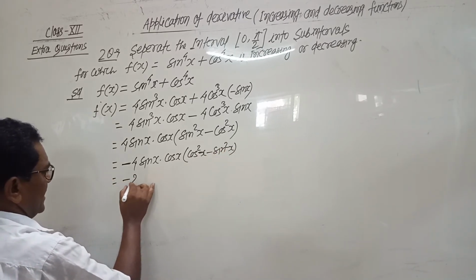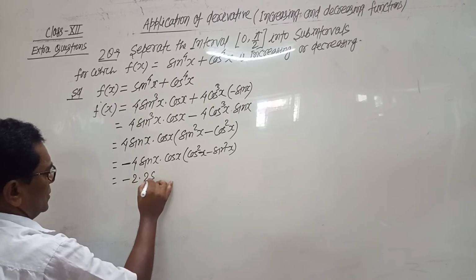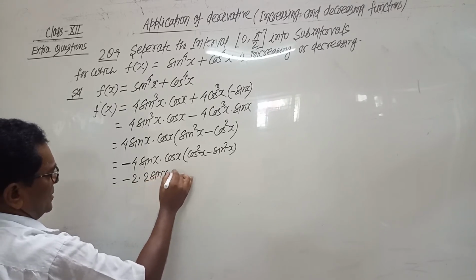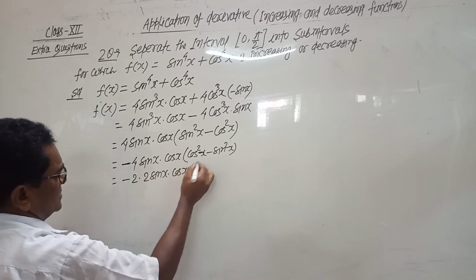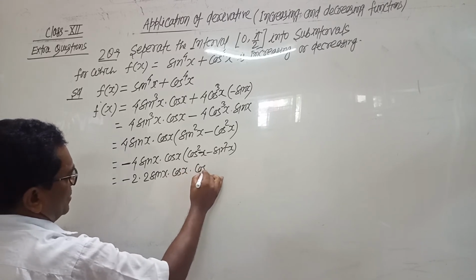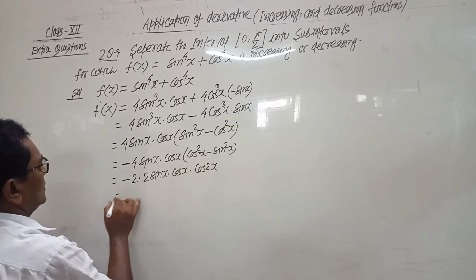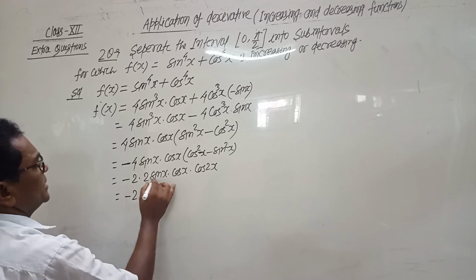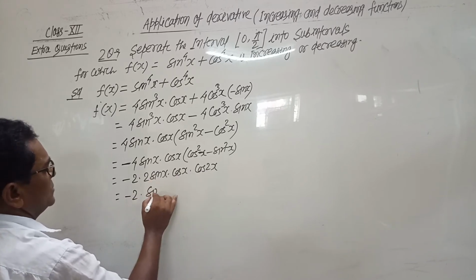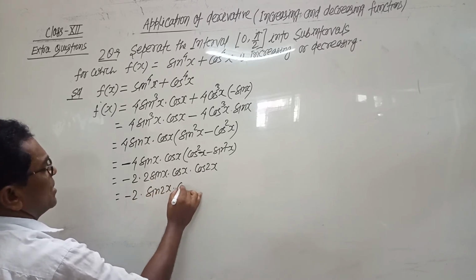This can be written as minus 2 into 2 sin x into cos x, and this is the formula for sin 2x, and cos square x minus sin square x is the formula for cos 2x.